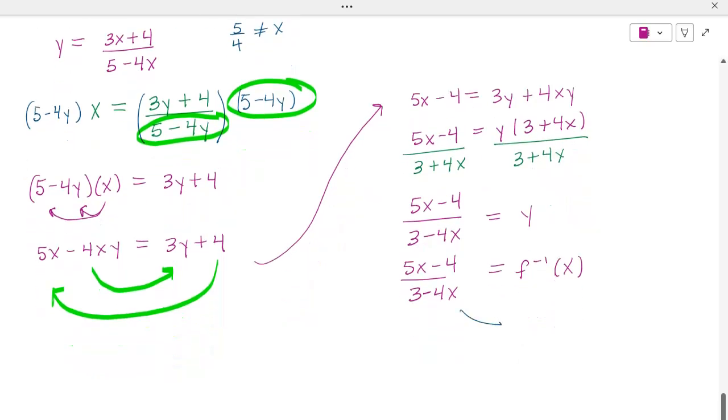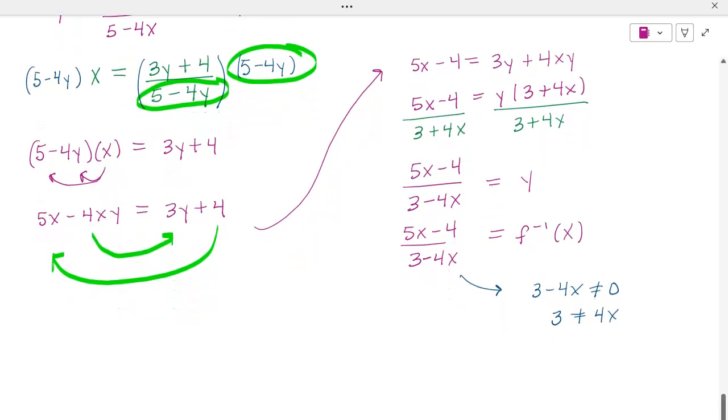For our final answer, for the f inverse, we have 3 minus 4x that can't equal 0. So x can't equal 3/4. Let's keep track of those numbers as we look at the graphs to see what happens in our final answers.